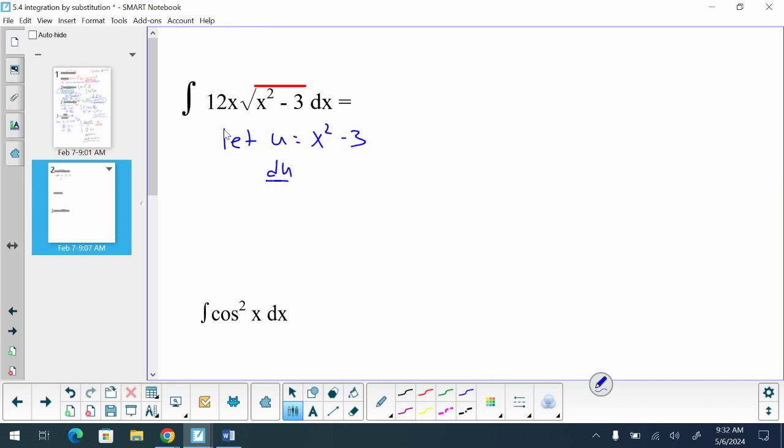So du dx, what's the derivative of u with respect to x? Should be 2x. Switch your dx and 2x. So dx is equal to du divided by 2x. Make your substitutions.